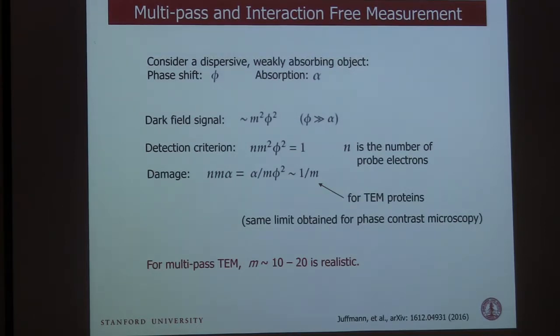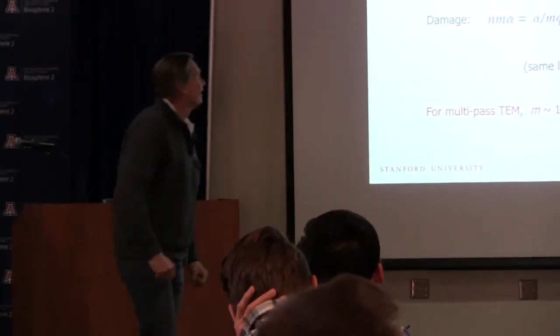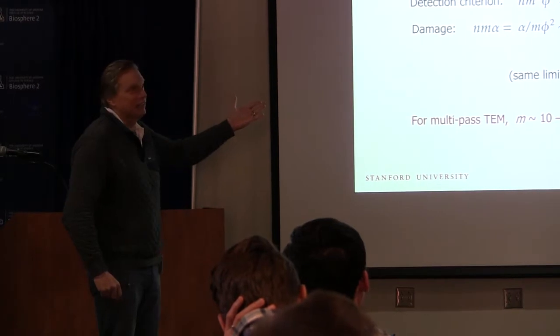All right, so what does that mean? I've been kind of mixing quantum pictures and semi-classical pictures in a reckless way. But what this means is that I can go into an experiment. I can take my required n electrons and shoot them through the microscope, and I have the small phase shift and absorbing element in there that I want to see. And let's say n is 10.